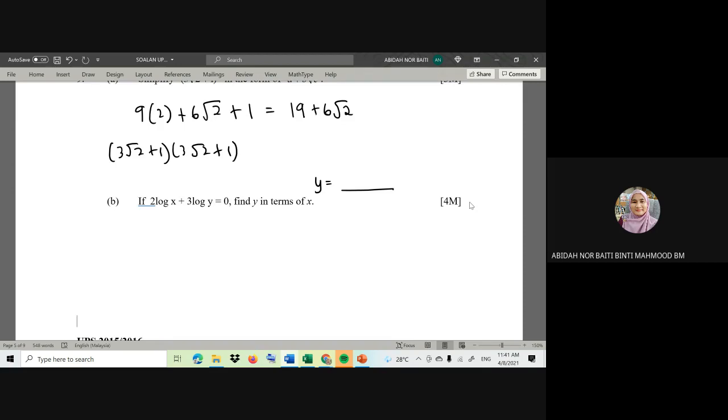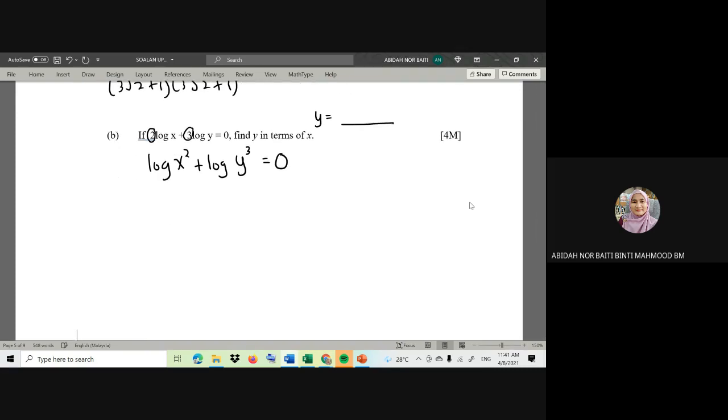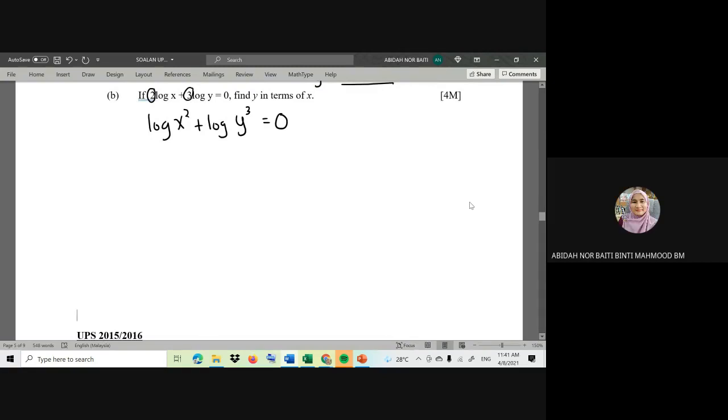Which law number do you apply first? Law number 3. Yes, correct. There are two things we need to apply, law number 3, this and this. Okay, correct. Law number 3 first. Okay, law number 3. And then which law number do we apply? Number 1, because plus becomes multiply. Correct.